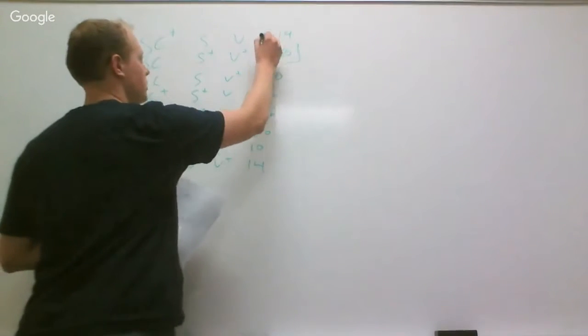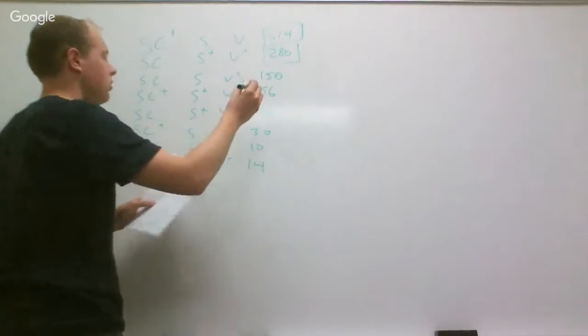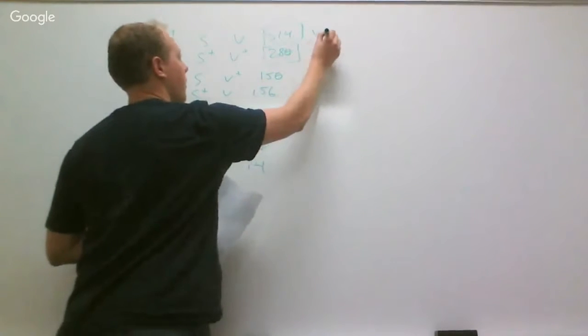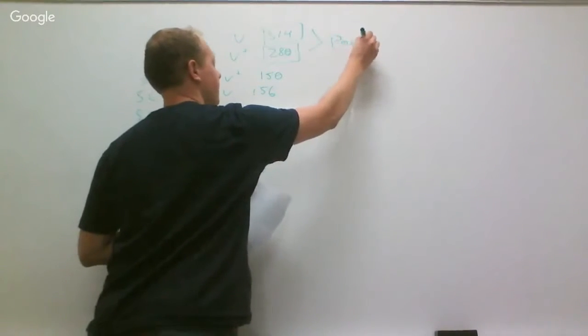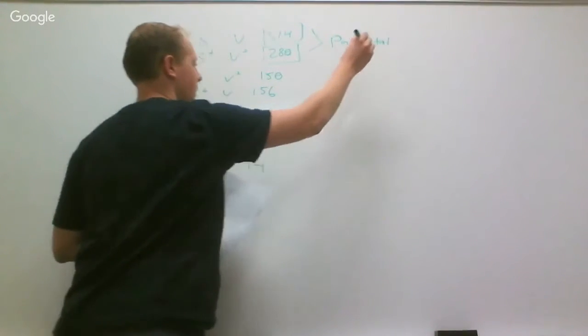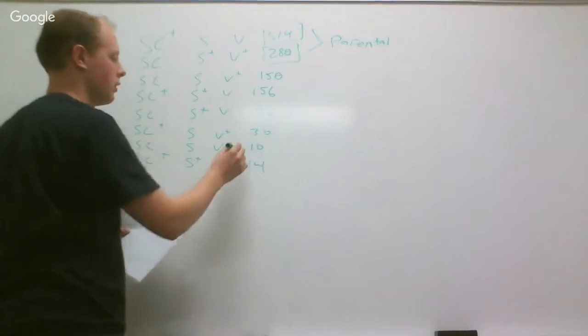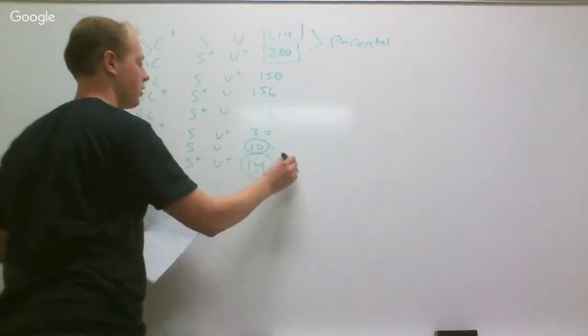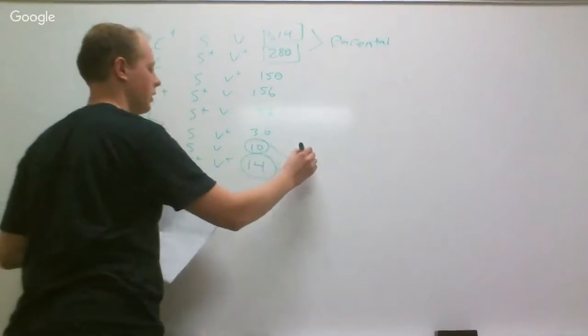Our largest numbers are just the 314 and the 280. The double crossovers will be the genotypes that happen least frequently. So it will be the 10 and the 14 down here.